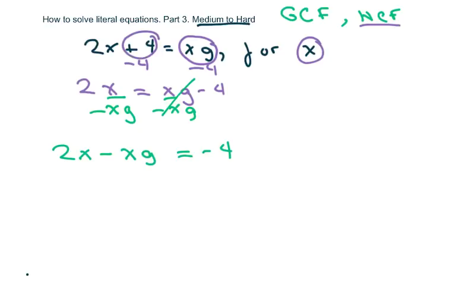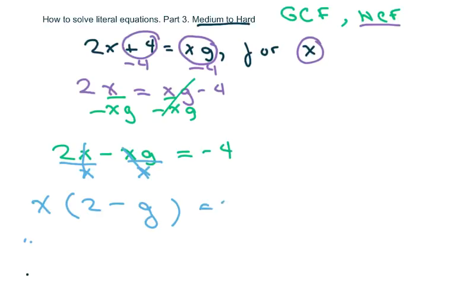So basically, to get this x, we're going to factor out an x. So move out an x, and basically what that means is you're dividing this by x, but you're not losing it. That's what factor means. You're not losing it. So the x's go away, and we have 2 minus g. So we left the x over here on the outside, what we divided it by.